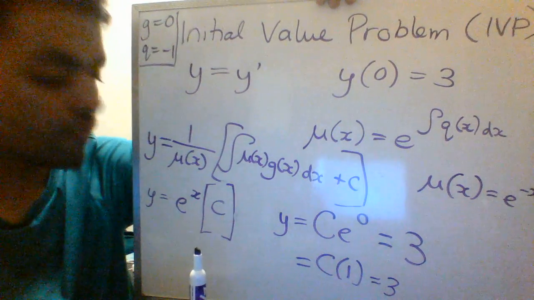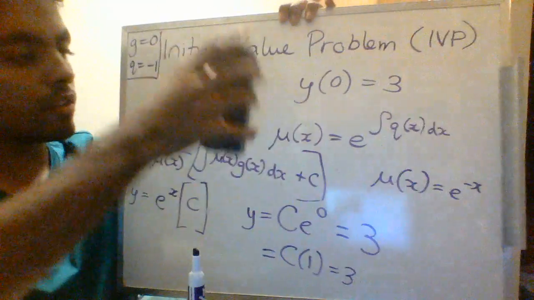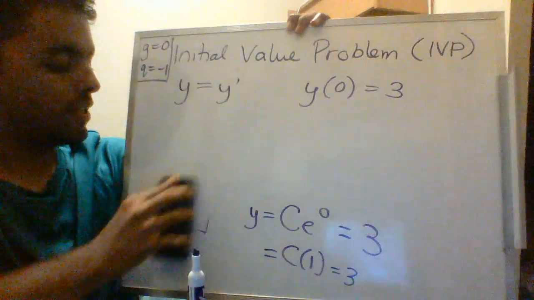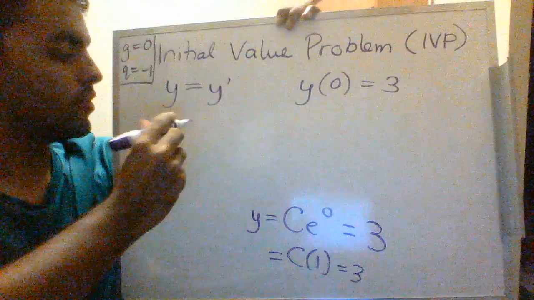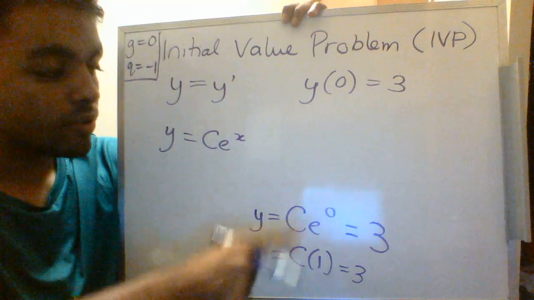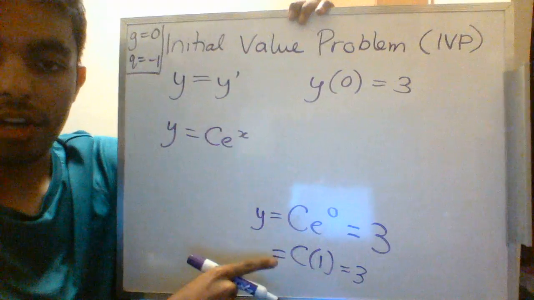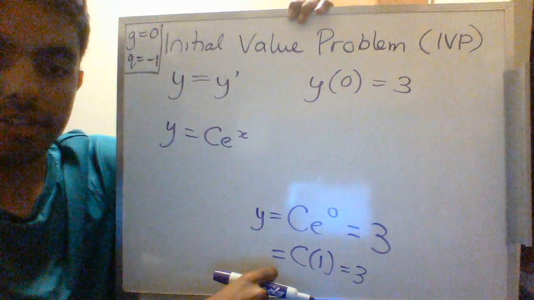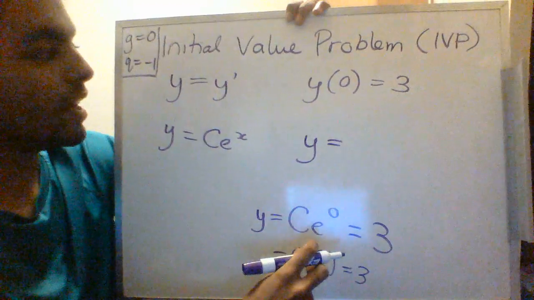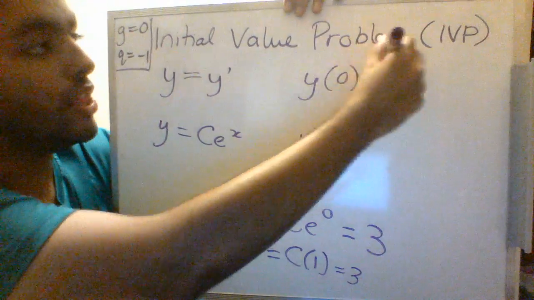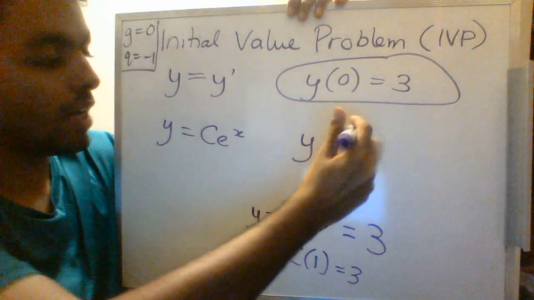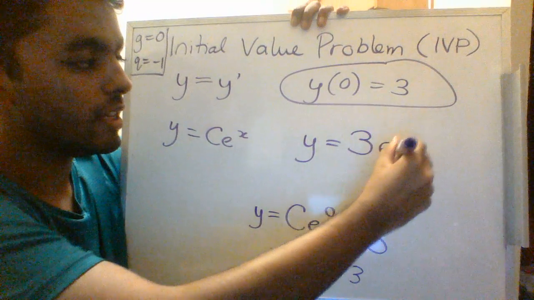And so our final answer for this question becomes, quite simply, that before we had y equals c e to the x, now we've used this thing over here to figure out what that c actually is as a number. So y is not just c e to the x, but in this specific case, with this specific initial value given, y is equal to 3e to the x.